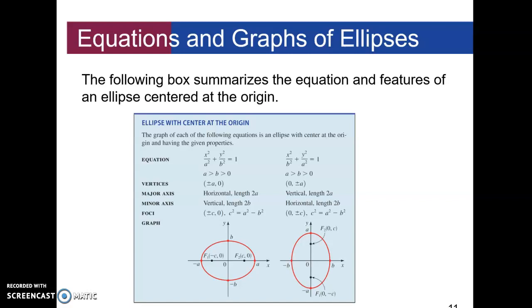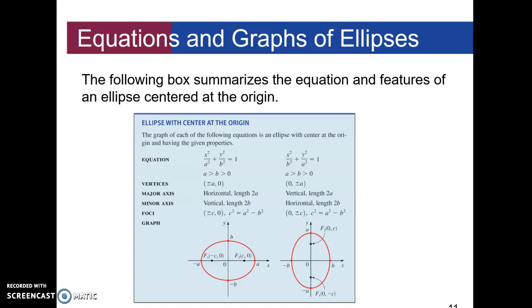Therefore, the major axis is always 2a and the minor axis is always 2b. It's just that sometimes the major axis is horizontal and the minor vertical, or other times the major axis is vertical and the horizontal is the minor axis, excuse me.